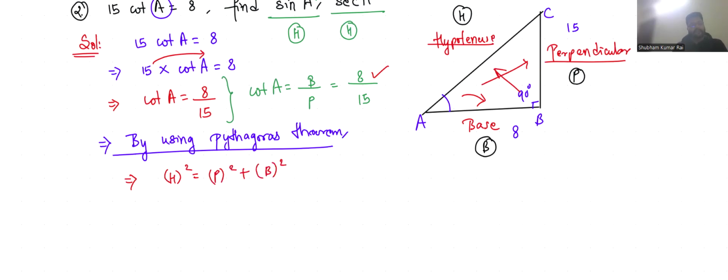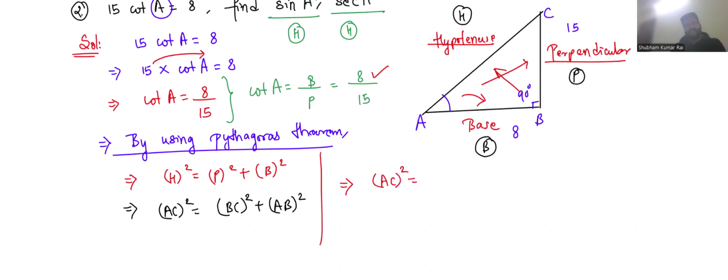So if we move further, what is the hypotenuse over here? That is AC square. Perpendicular is BC square and base is AB square, right? Now we need to substitute the values in this equation. We need to calculate AC, that is the hypotenuse. For BC we have the value 15 square, and for AB we have the value 8 square.